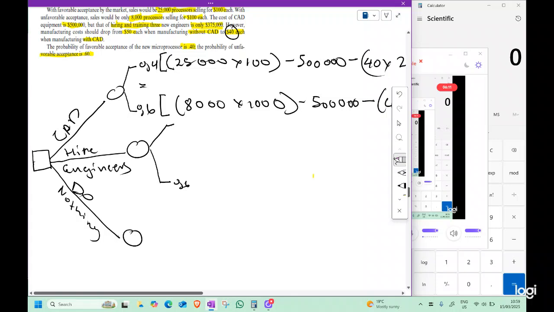I'll make it go straight. So it's 0.4. Answer must go there.